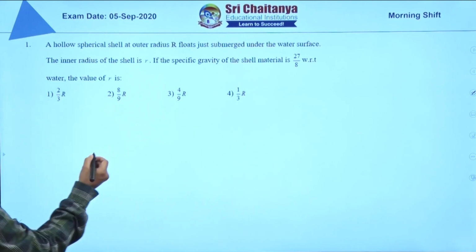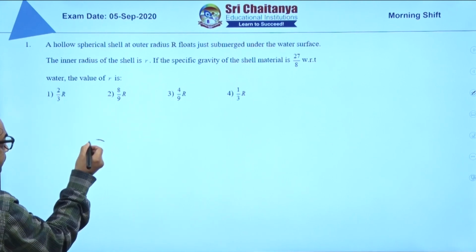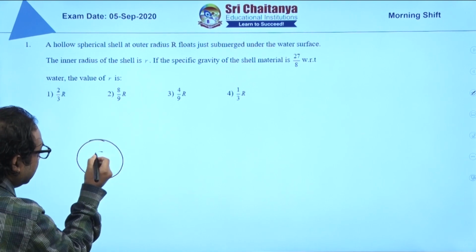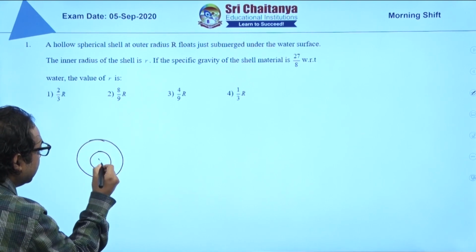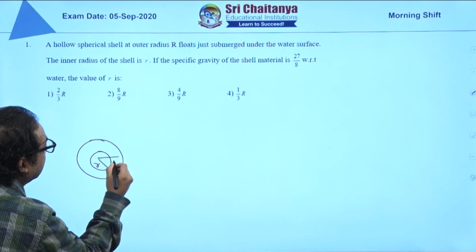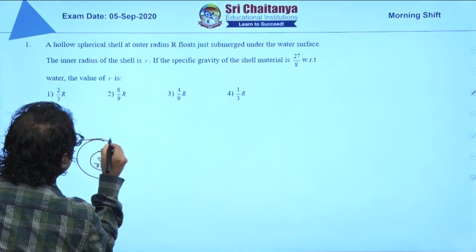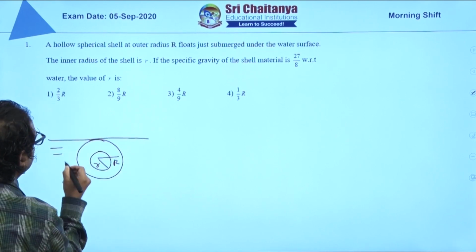So, if we make a diagram like this, this is your spherical shell having inner radius r and outer radius R. This entire thing is completely submerged in water.